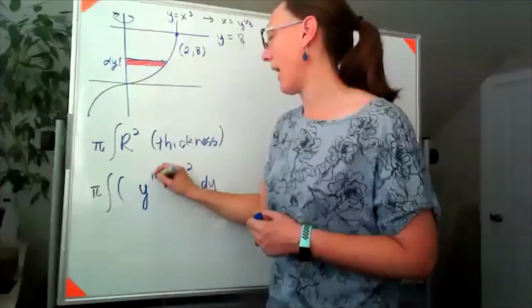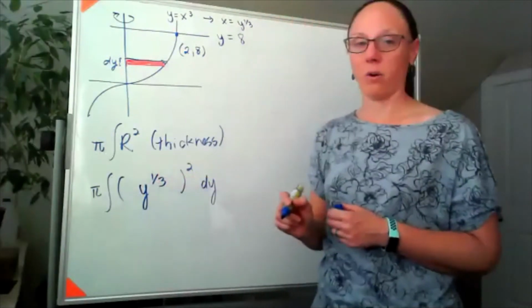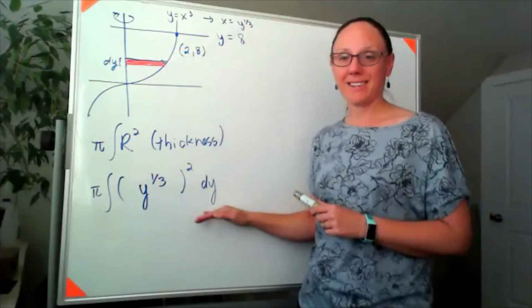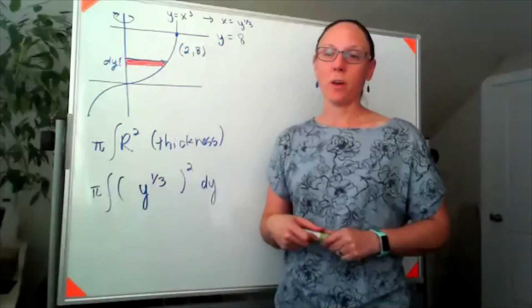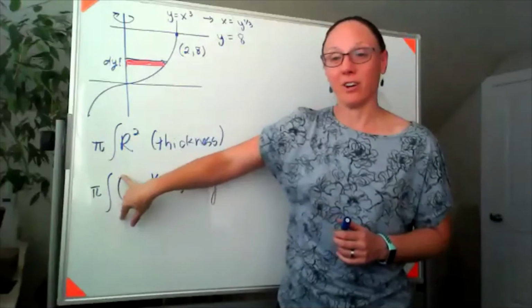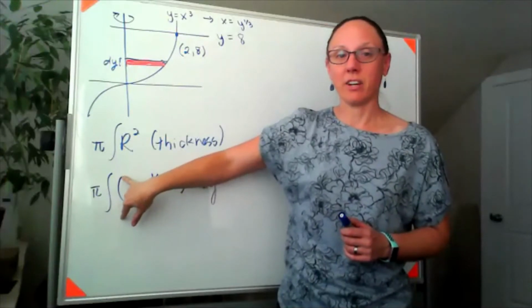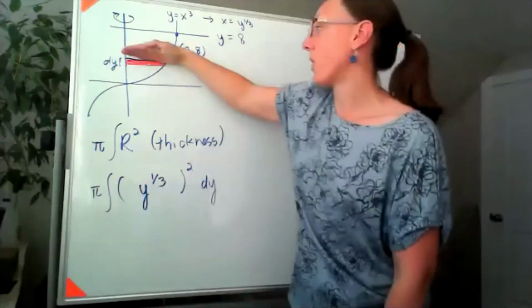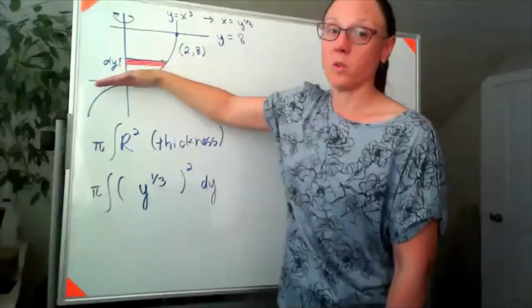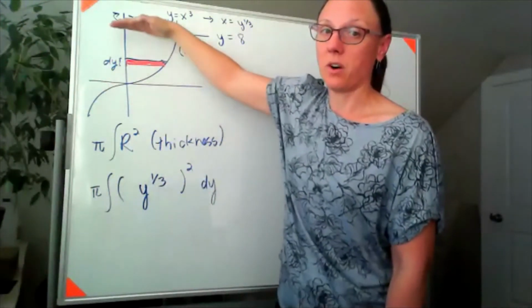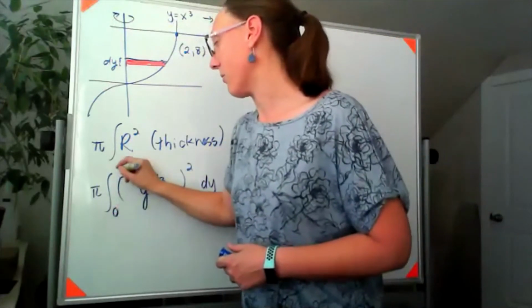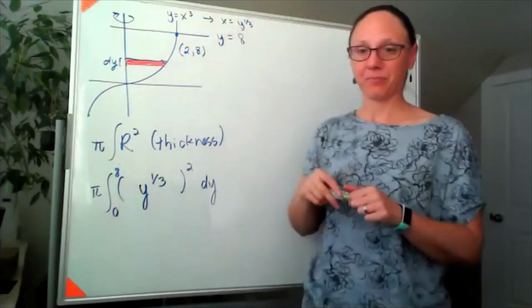So it's got to be y to the 1/3 power. Also, because it's a dy, when we write our limits of integration, those limits need to match the y values. So they're going to come down as far as y equals 0 and up as far as y equals 8. So this is going to be going from 0 to 8.